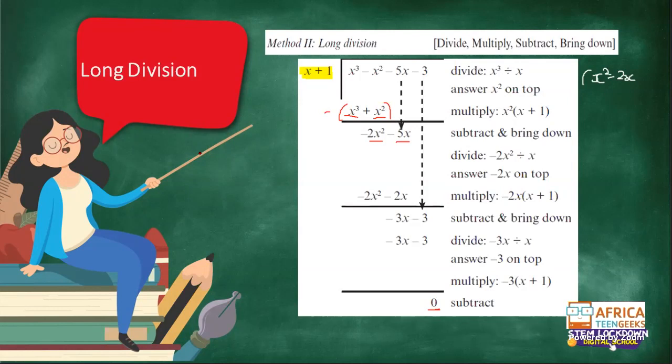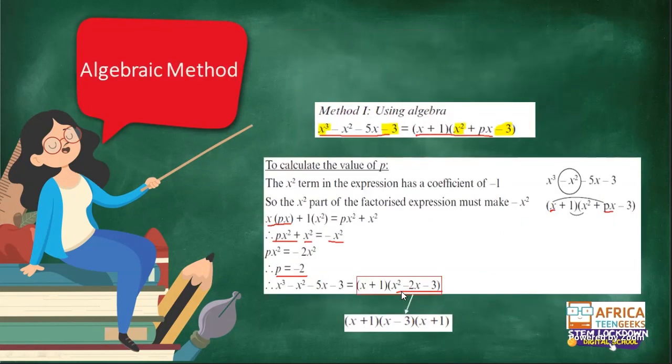Okay. Because even with the last one, you will still do the same procedure and you will get the same answer as the previous one. So we're still working towards getting this term, which is x squared minus 2x minus 3.